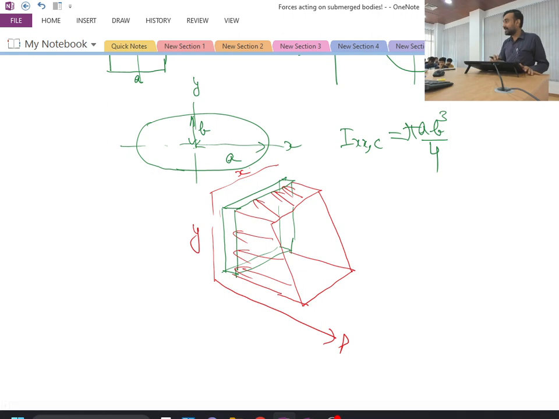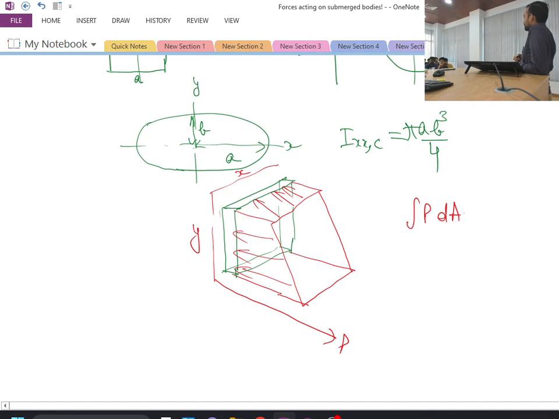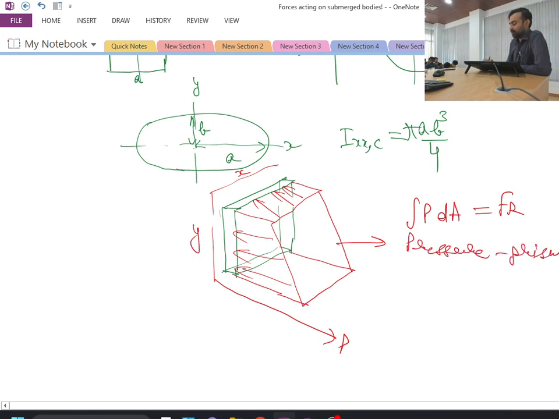So the volume of this particular prism is equal to integral p dA, because this side is p and multiplication of x and y forms A. So this is equal to the resultant force. That's why we call this the pressure prism, and its volume is equal to the net resultant force acting because of the water pressure.